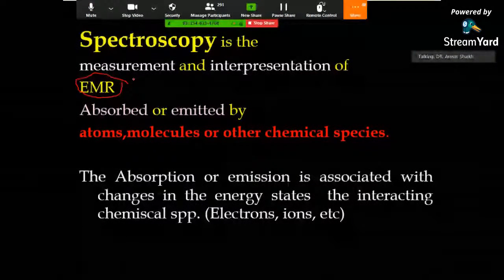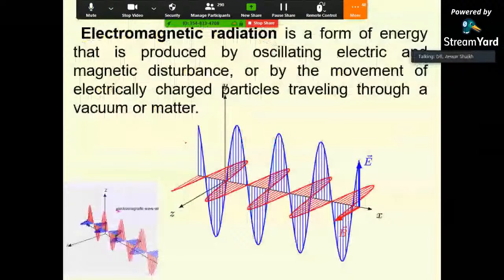EMR is nothing but electromagnetic radiation.